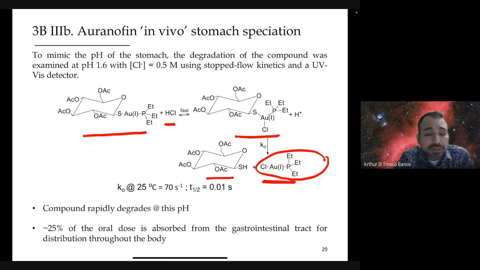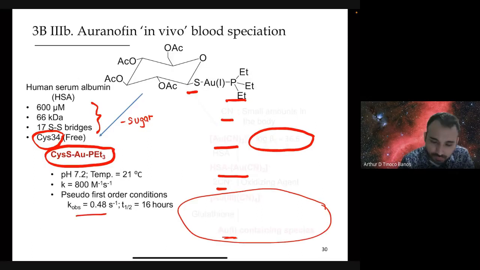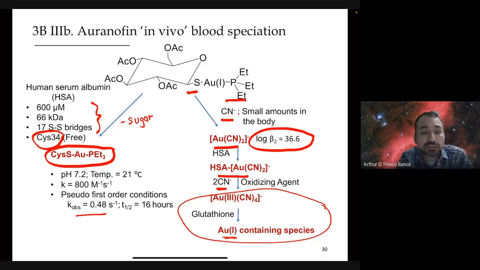Right. So you have a significant amount of dissociation within just the environment of the stomach. And then within the bloodstream, it appears that that can go even faster if you consider, we're only talking about two major components here. We're not even considering all the constituents of blood.